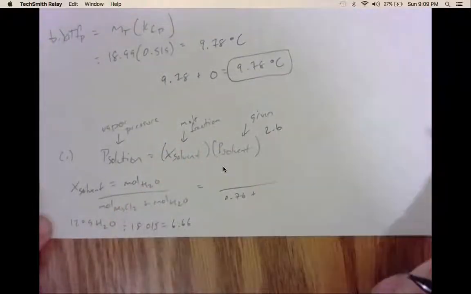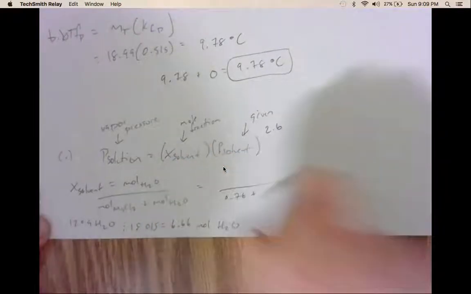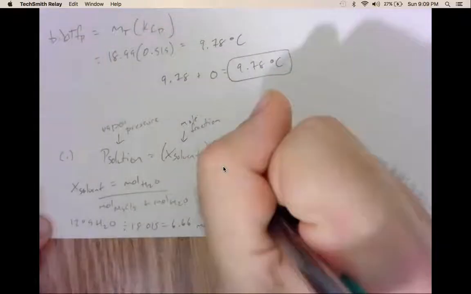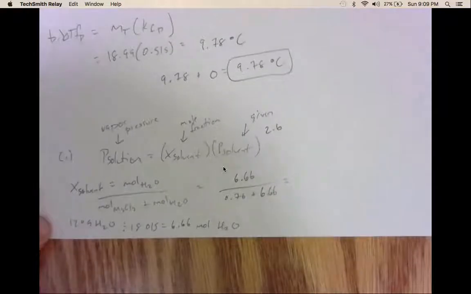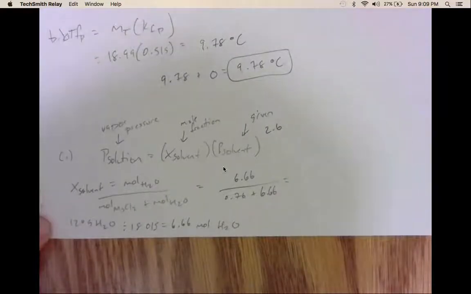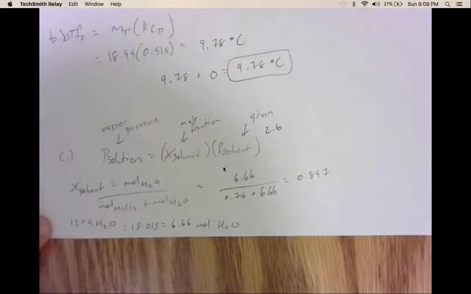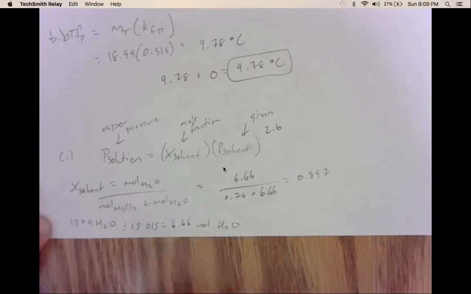When you divide, you get 6.66 moles of water. So now we can plug in the 6.66 where the moles of water goes: 6.66 in the numerator, 6.66 in the denominator. Once you solve this, it comes out to 0.897. Now that is the value that gets plugged into where it says X of the solvent.